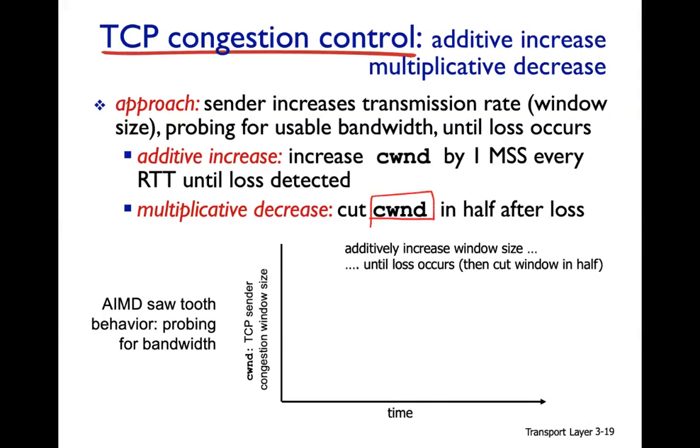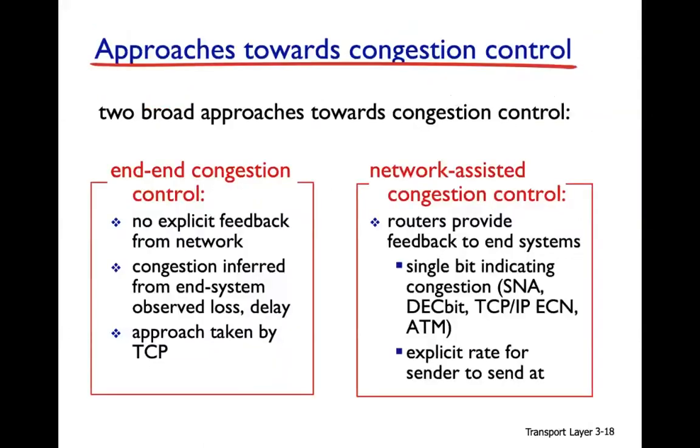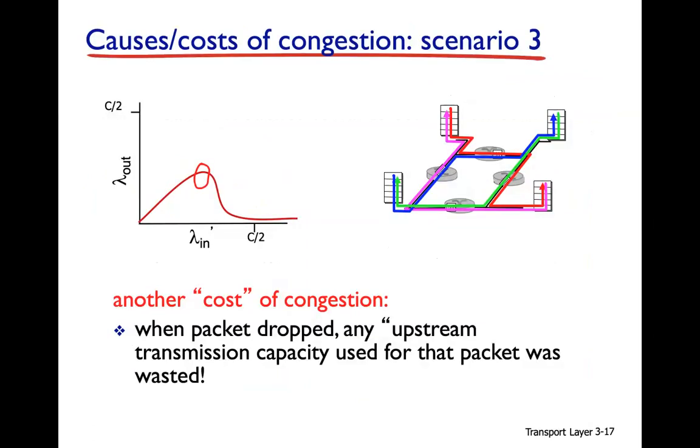The idea is, okay, I will try my luck. I will increase the sending rate and hope it gets good ACKs, meaning it does not suffer congestion, until at some point TCP will say, okay, I lost your packet.